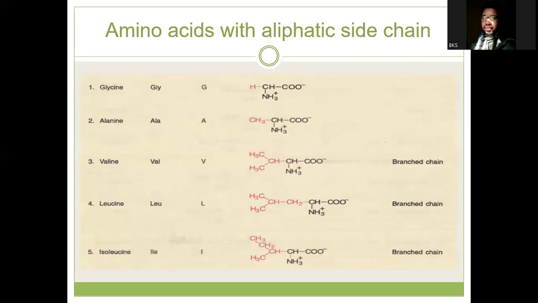We have about 5 amino acids that fall within this class. We have the simplest amino acid, which I said glycine. And you can see the structure. We can see the 1-letter code, the 3-letter code, and then the structure of the amino acid, and then the distinct group within the side chain.